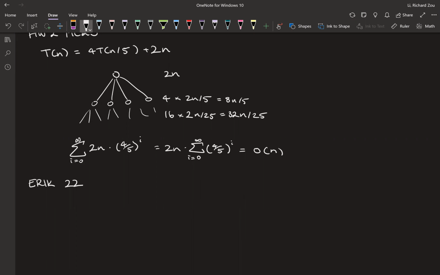So 22, A, B, and C. Given an arbitrary bag D of dominoes, is there a legal arrangement of all the dominoes in D? Given an arbitrary bag D of dominoes, is there a legal arrangement of dominoes from D in which every integer between 1 and n appears exactly twice? And given an arbitrary bag D of dominoes, what is the largest number of dominoes we can take from D to make a legal arrangement? Okay.